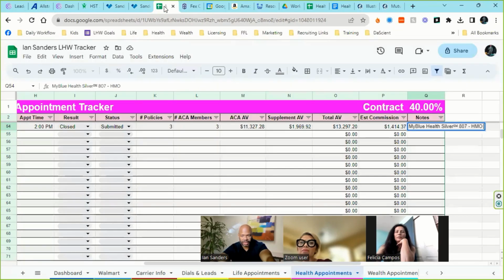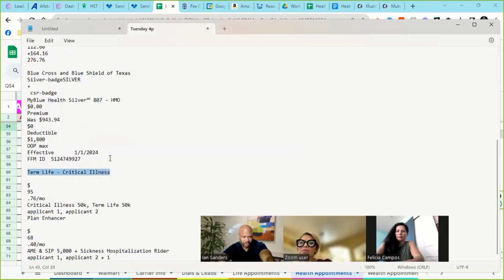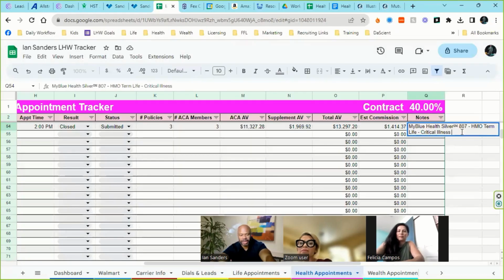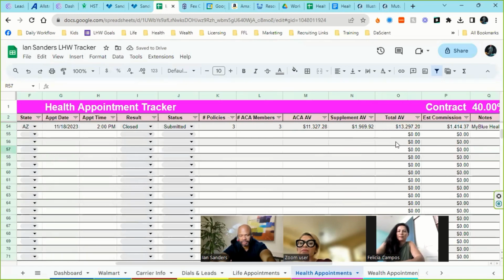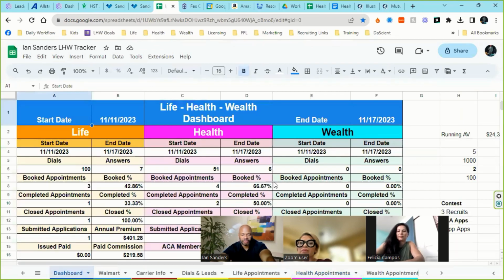So a lot of this stuff right now is just preference. And then we will go with, actually, I probably should have copied that one, but we'll also do this one. And then, or you can put plan enhancer, just whatever you choose to do. As long as you're tracking, this stuff is all that really matters. This part is just because I like being able to see it here too, if I want to just get it at a glimpse.